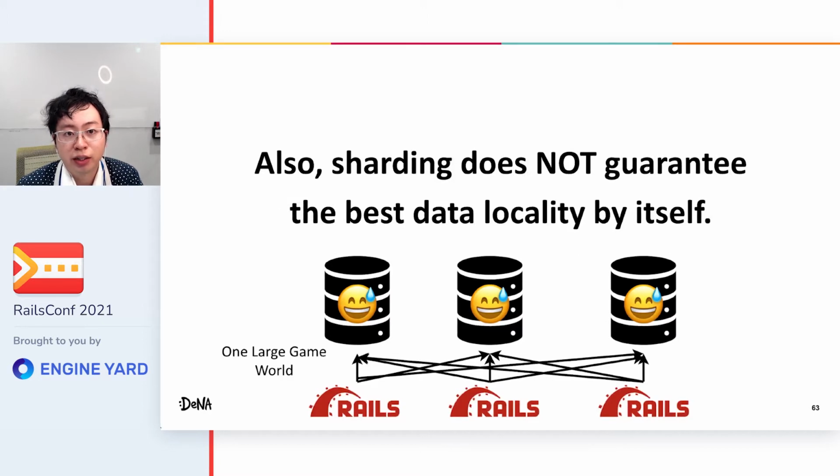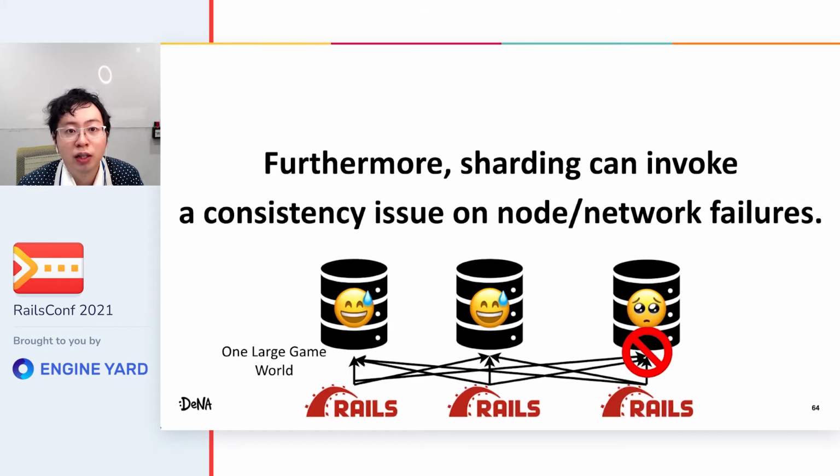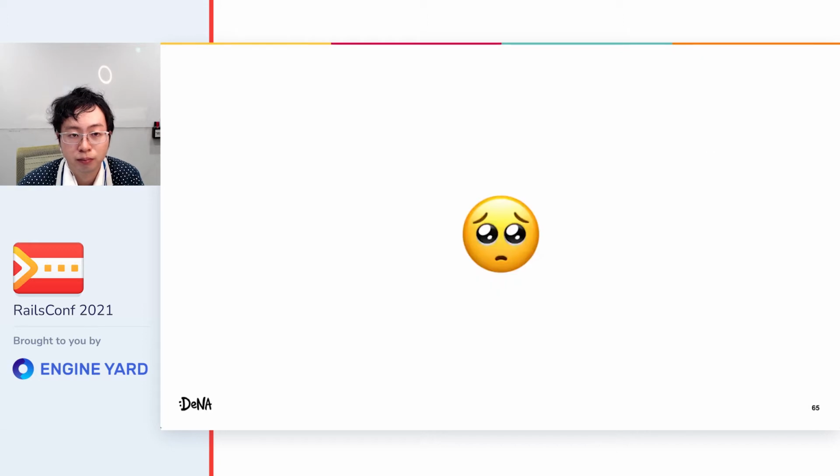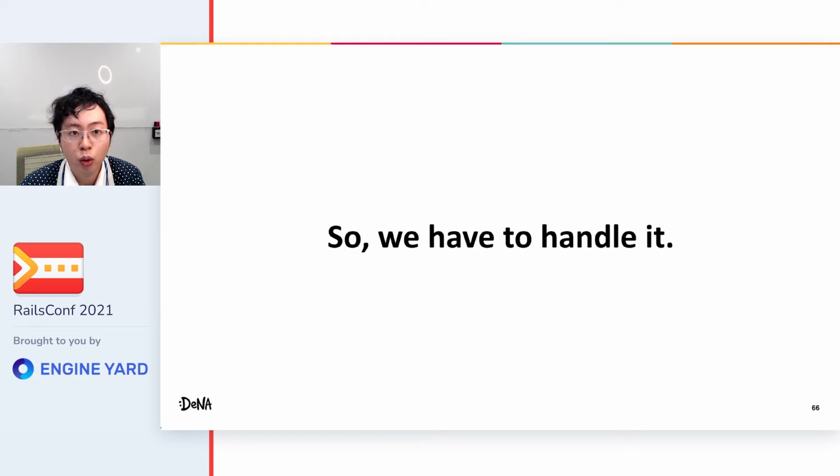Also, sharding does not guarantee the best data locality by itself. Furthermore, sharding can invoke a consistency issue on node failures or network failures. So we have to handle it.